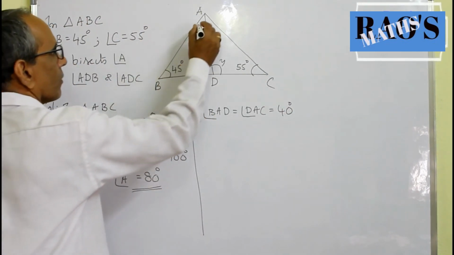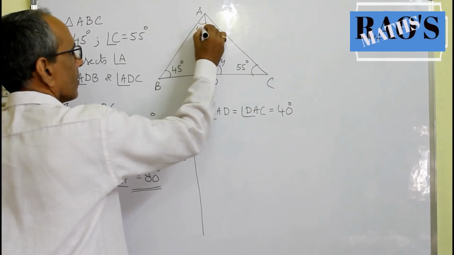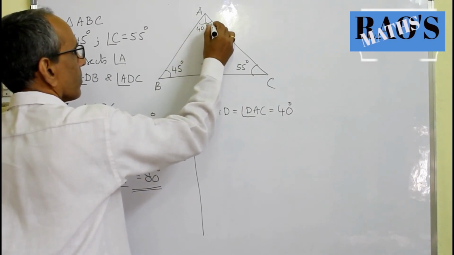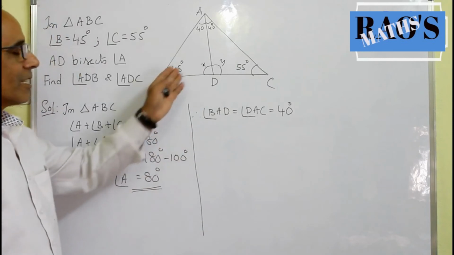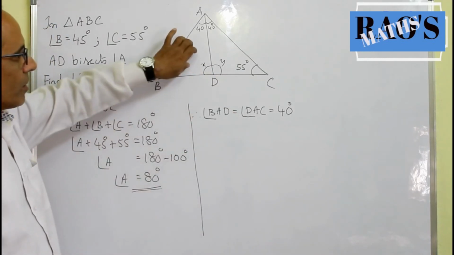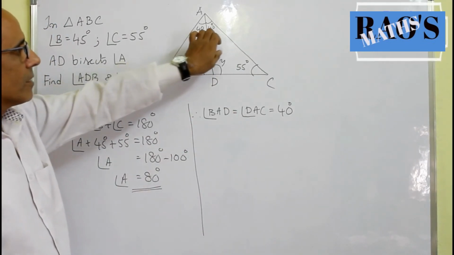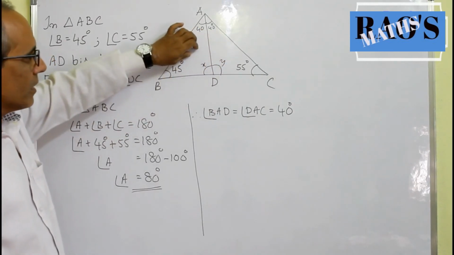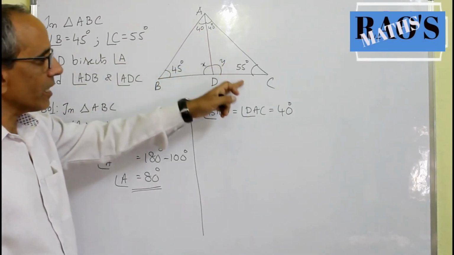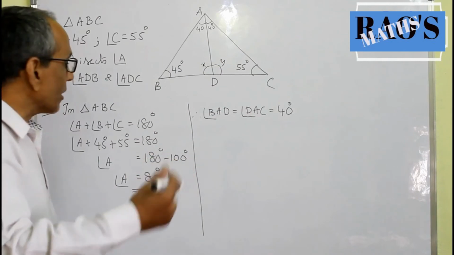So let me mark the 40 here and 40 here. Okay. Now we know how to reach x and y by taking the angle sum property for the triangle, and the same here, or after getting x by the angle sum property, you take the linear pair also. I go in my way.